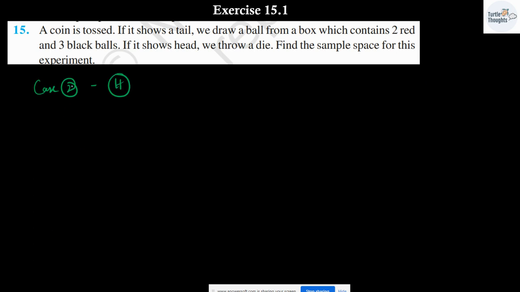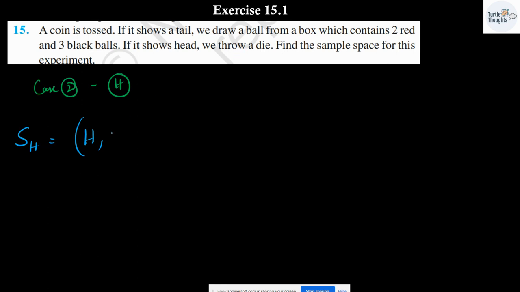Next, whenever the coin is tossed and we get a tail, then what happens? Then we throw a die. Now, sample space when a coin is tossed and we get a tail. Then we are throwing a die.